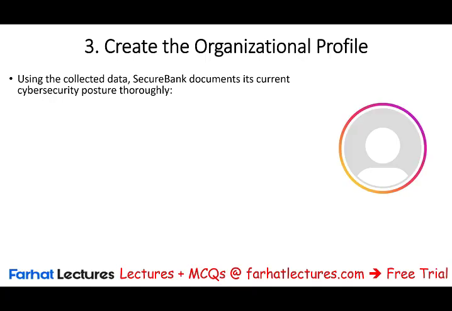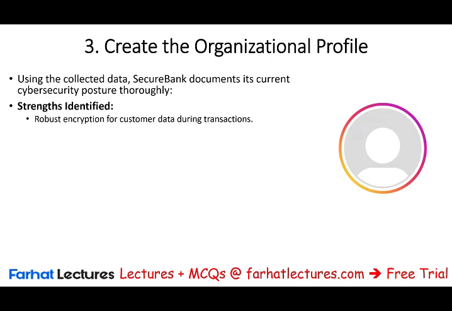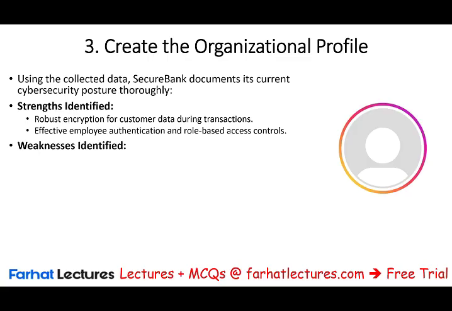Using the collected data, we document our current cybersecurity posture thoroughly, and we identify the strengths. We have, for example, robust encryption for customer data during transactions. Great. We have effective employee authentication and role-based access control. Great. Let's look at the weaknesses. We identified inadequate real-time threat detection and incident response capability. We don't have that.